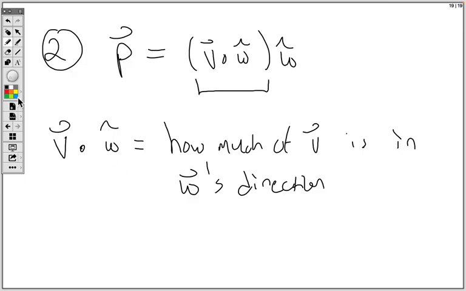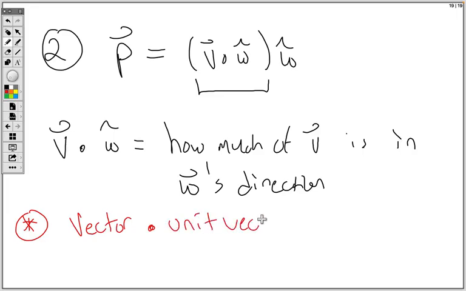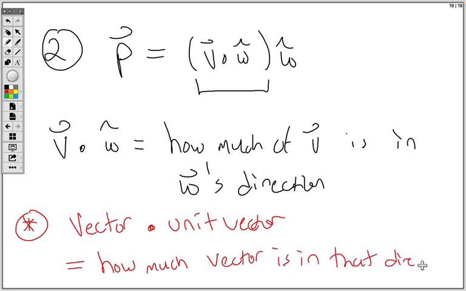And so this really is what the dot product is doing. If you take a vector dotted with a unit vector, this gives you how much of that vector is in that direction. And this how much is a signed thing: plus, minus, or it could be 0.